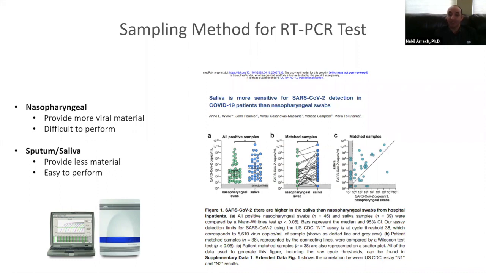So if the nasopharyngeal sample is not performed well, then you may have a false negative. And so it's important that you perform the sample the best way possible. And the beauty about the saliva sample is its consistency. It's very hard to get wrong samples. So when you collect a sample from a patient, most of the time, all the time, they're going to give you a good sample. So it's more consistent across different testing phases.